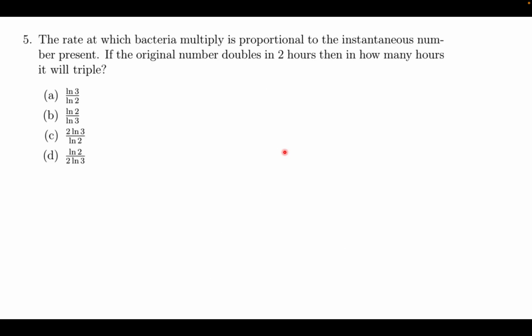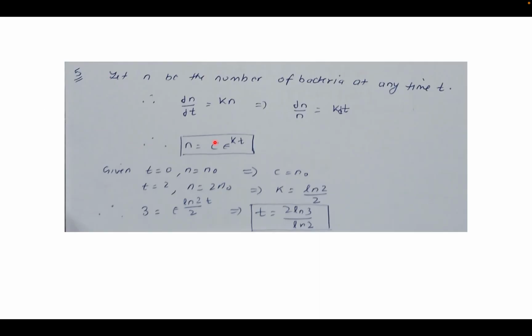Now what is the question asking? It is asking in how many hours the number will triple. So the instantaneous number of bacteria will be 3 N naught. If I write 3 N naught equal to N naught times e to the power kt, where k is ln 2 by 2, I can simply calculate the time t when the number becomes triple, right?